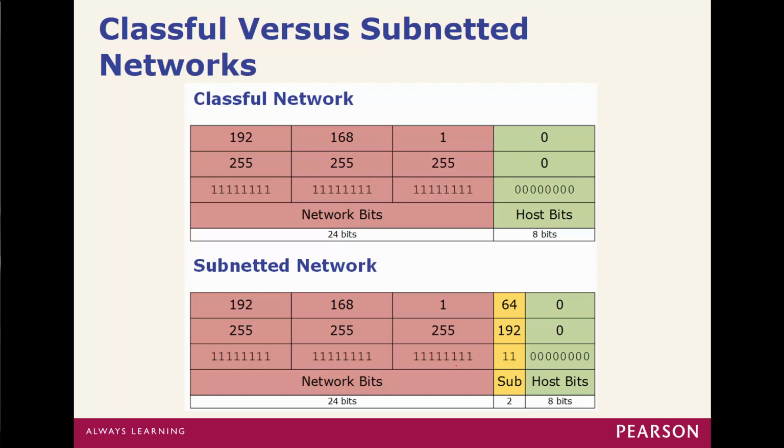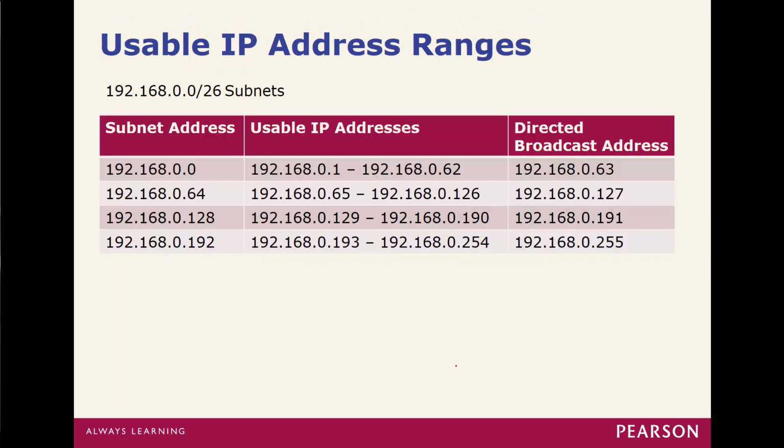Classful versus subnetted. Classful is, if it's a Class A, it's guaranteed a 255.0.0.0 subnet mask. Usable IP address ranges cannot overlap.